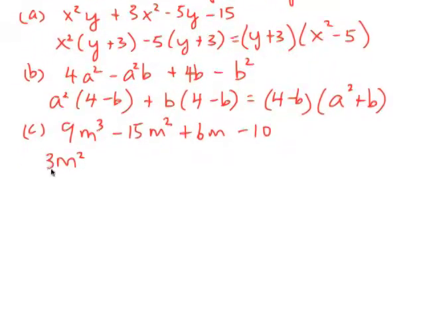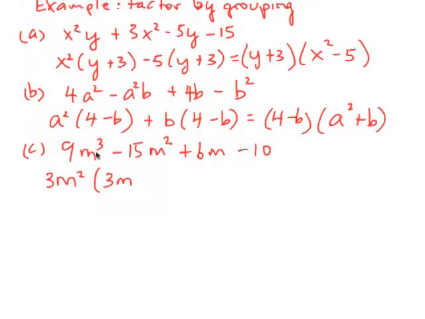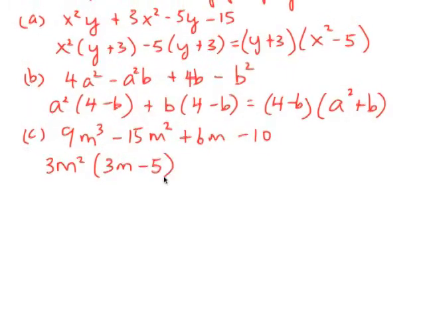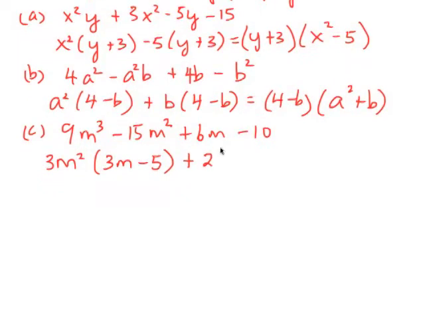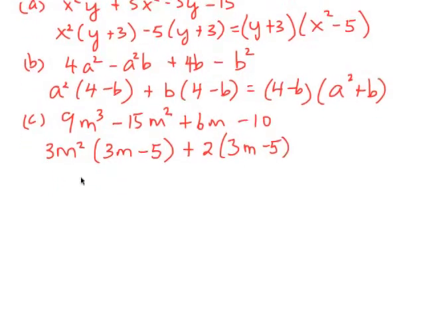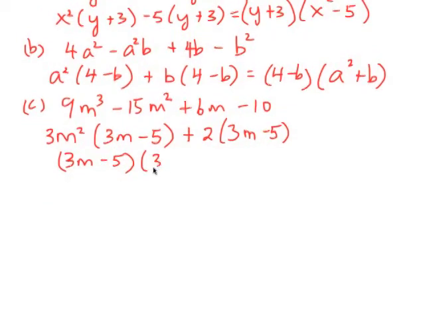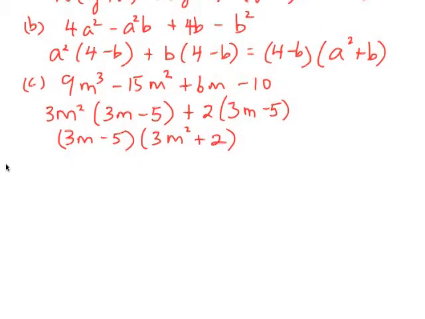We also have a 3. So when we do that, we'll get a 3m here. That gives me 9m cubed minus 5 plus, now in here we have a 2 and we have a 3m minus 5. So in other words, we have a 3m minus 5 and we'll have a 3m squared plus 2, and that will be my result.